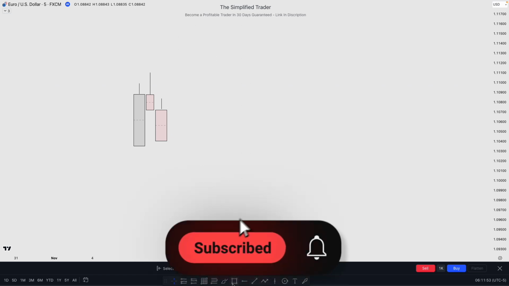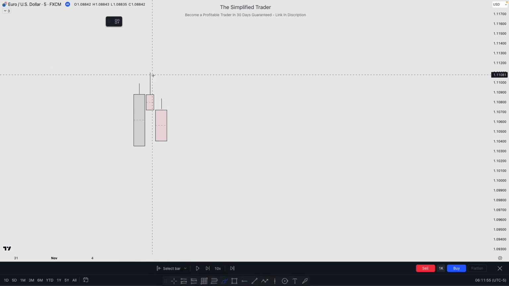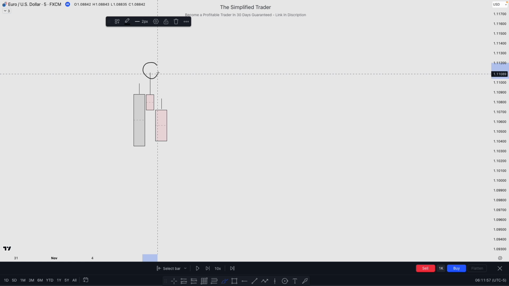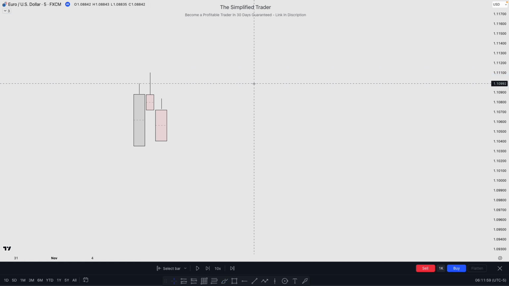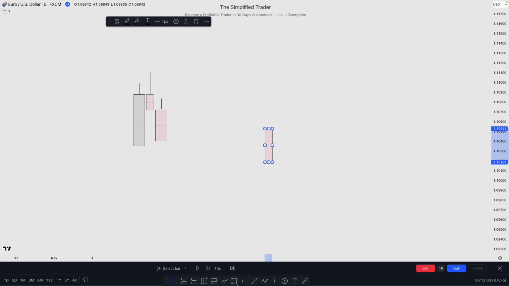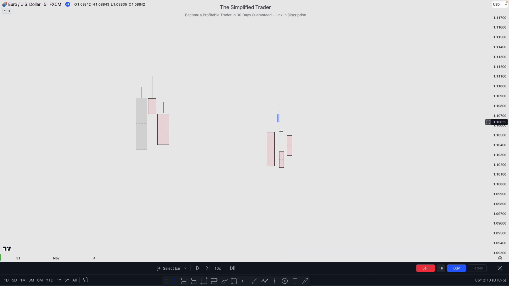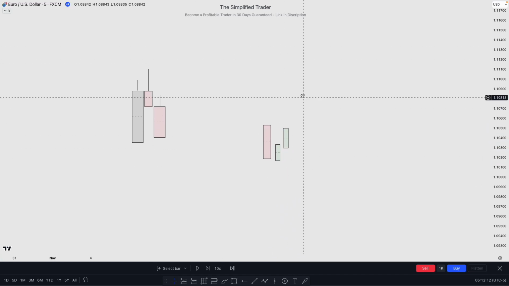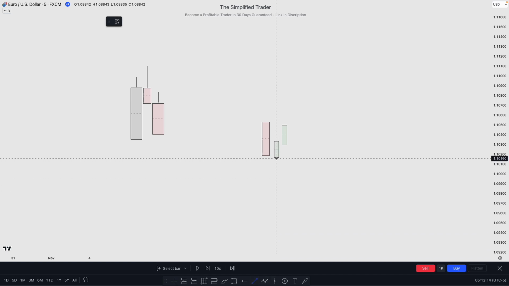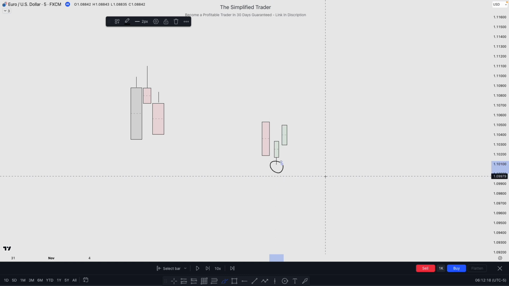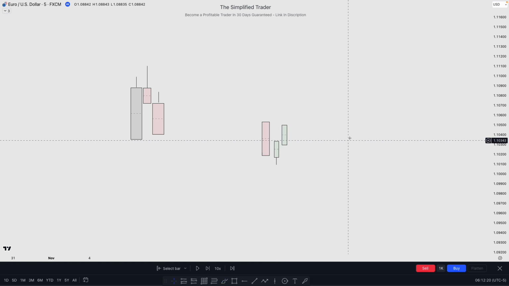So a swing high is when we have 3 wicks and the middle wick is the highest wick. In the same way, a swing low will be when we have 3 candles and the middle wick will be the lowest wick. That is a swing low. So that is what I want you to focus on.